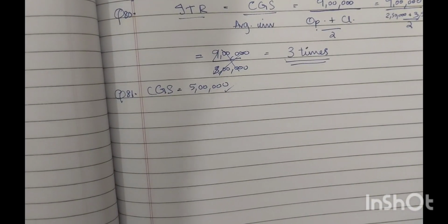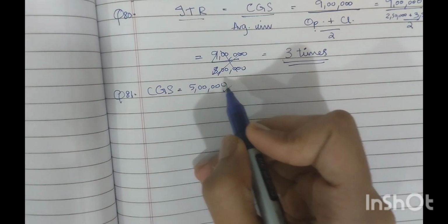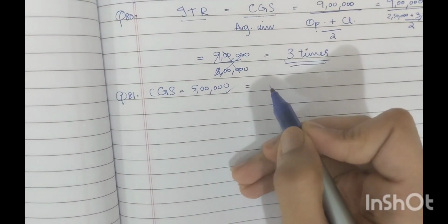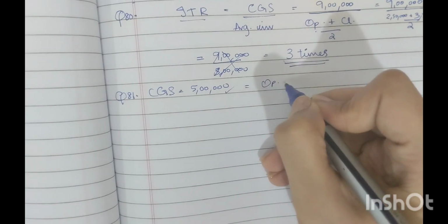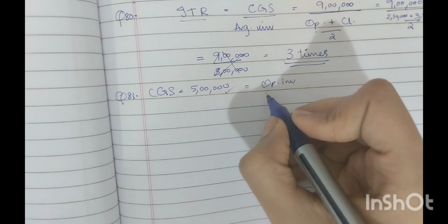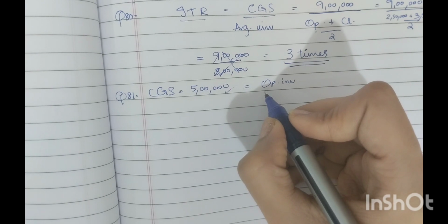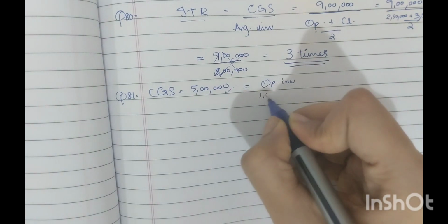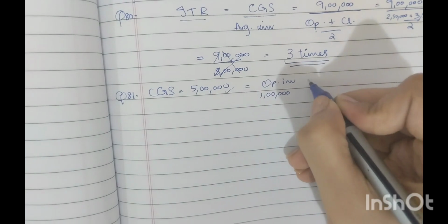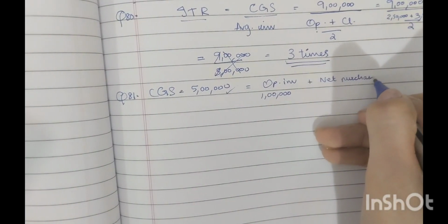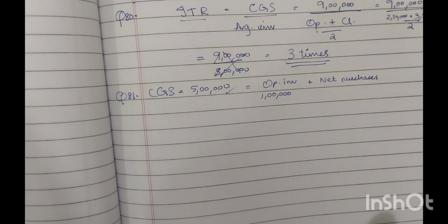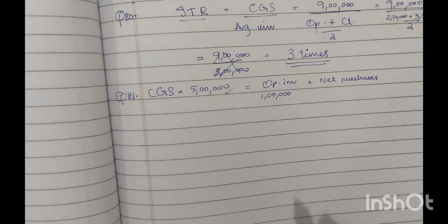So back to the question. CGS is equal to our opening stock, our opening inventory, which is given to us as 1 lakh, plus our net purchases. Now, even though they've only mentioned purchases here to be 5,50,000, no other information is given to us about any additional purchases or purchase returns.